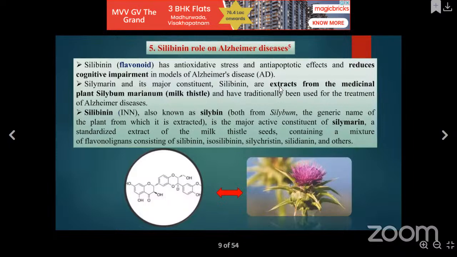Silibinin, also known as silibin, is the major active constituent of silymarin, a standardized extract of milk thistle seeds. So this drug is isolated from the seeds of this plant. So that will help in the curing of Alzheimer's disease.